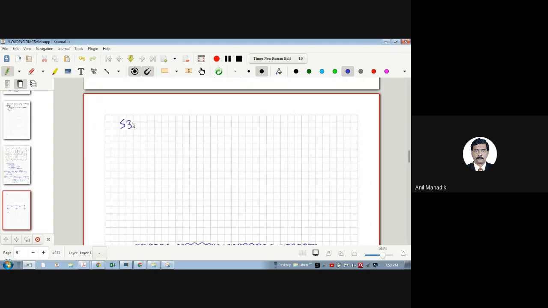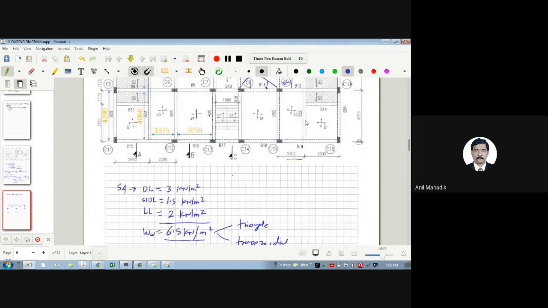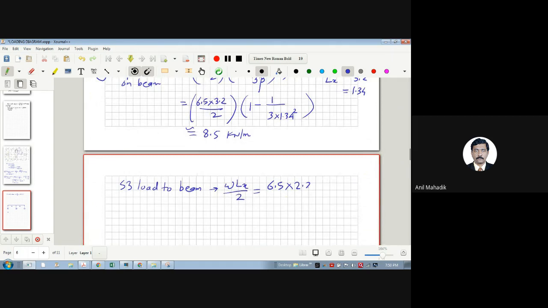So S3 load to beam will be W LX by 2, half load na. So W is 6.5, LX 2.205, divided by 2. So how much is this? Roughly 7.16. 7 kilonewton per meter, let's say, or let's say 7.2. Let's assume a little higher.